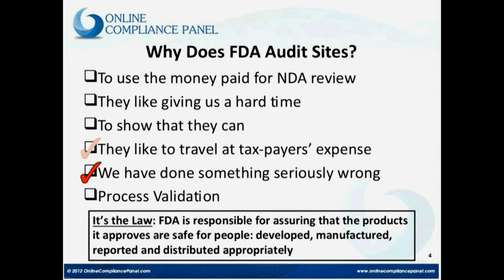So what happens? The most common reason, and these arrows, these check marks have moved, and I apologize for that, the pink check mark, the light check mark, should be in the last box, the process validation. FDA audits because they want to validate your process. They want to make sure that whatever you're reporting to them is what you did.